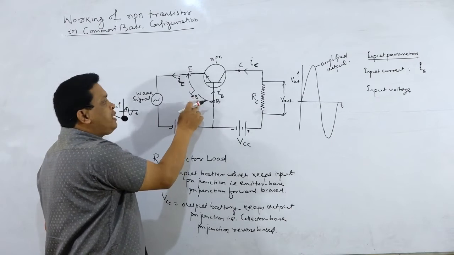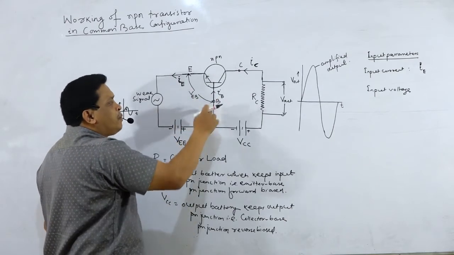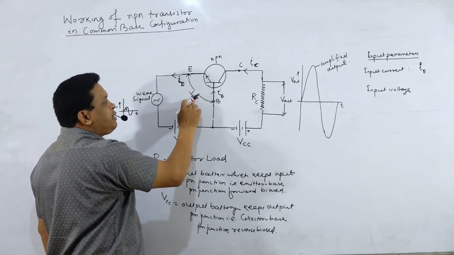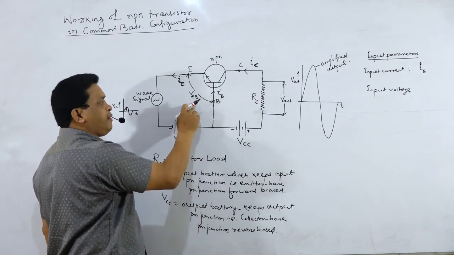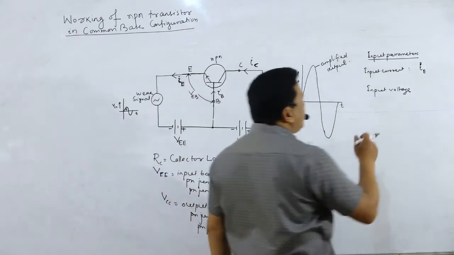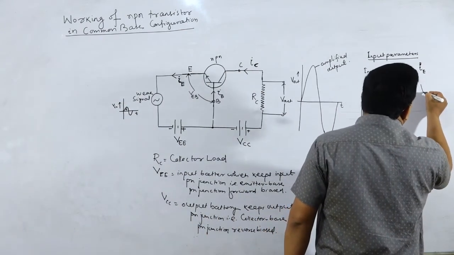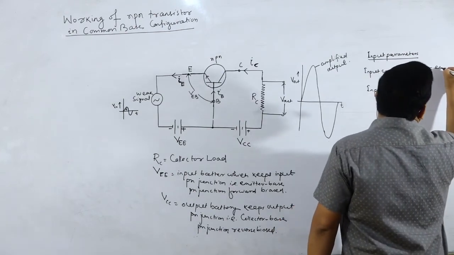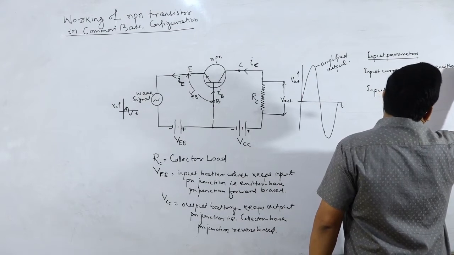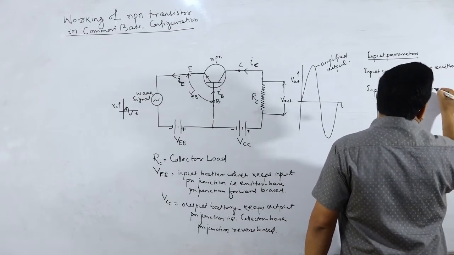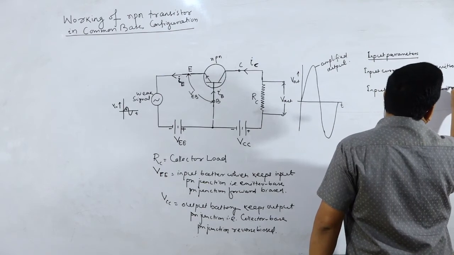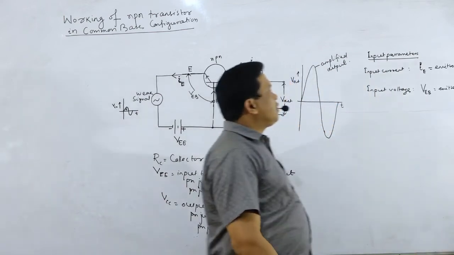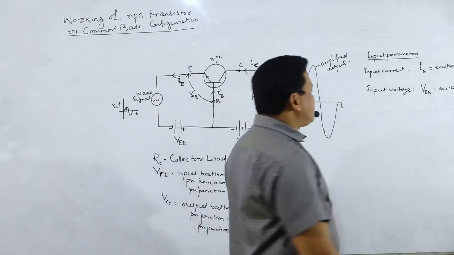You cannot write VBE because base is common, therefore B must be at the end. So VEB, don't write it as VBE. So these are the input parameters.